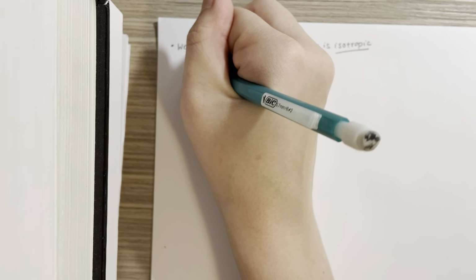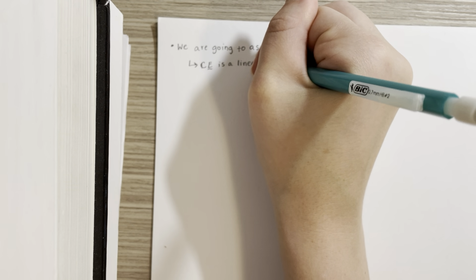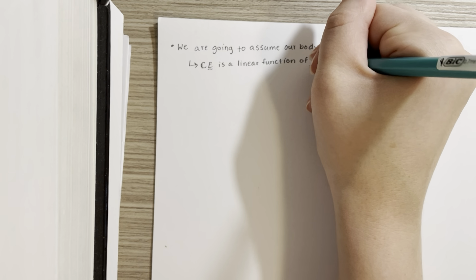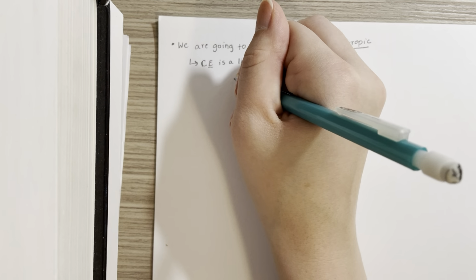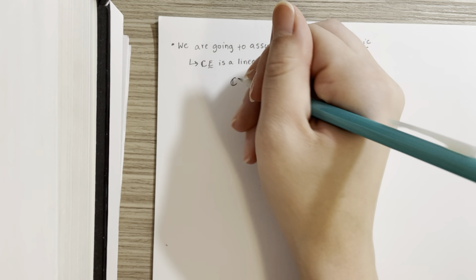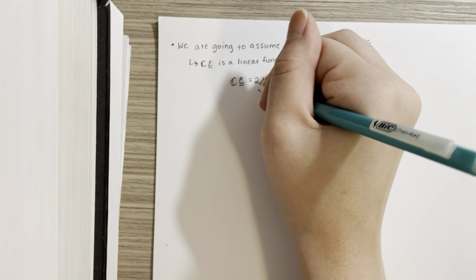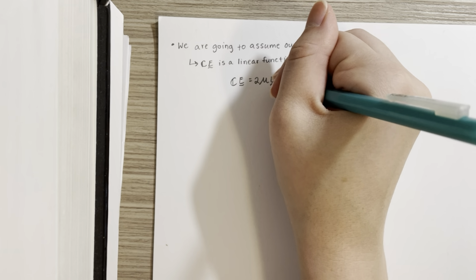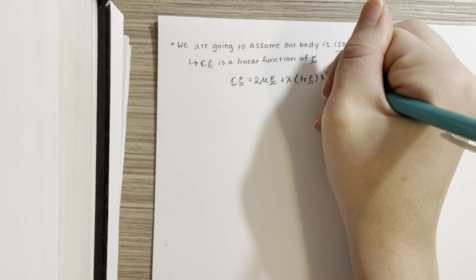So this means that CE is a linear function of E. So next we have, by the representation theorem for isotropic linear tensor functions, that CE is equal to 2 times some scalar constitutive modulus mu times E plus lambda times the trace of E times the identity tensor.